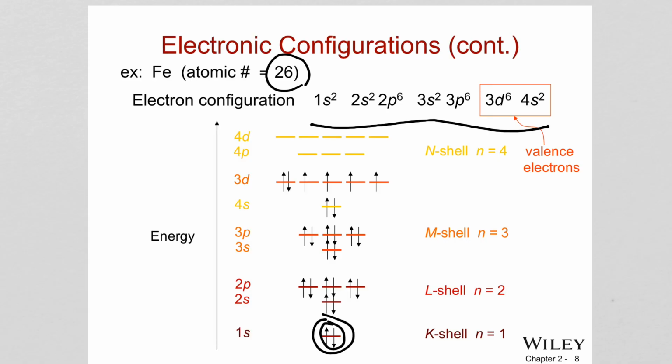And for the second energy level, we are seeing it has 2 subshells, s and p.